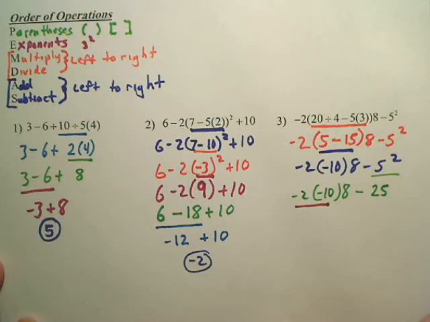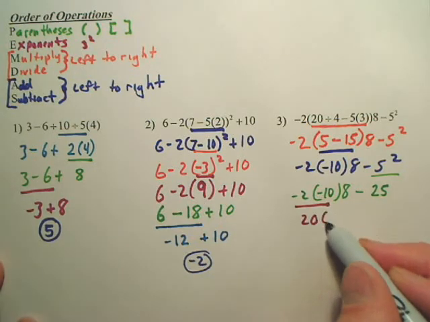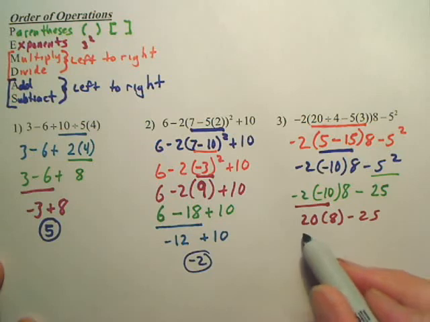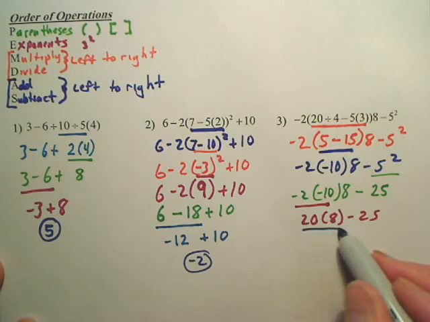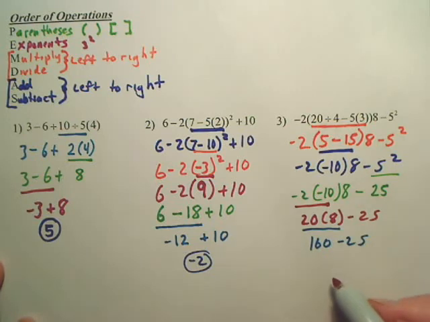What do you get right there? 20. Negative 2 times negative 10 is positive 20. Multiply divide from left to right. That's 160. And lastly, that gives you 135.